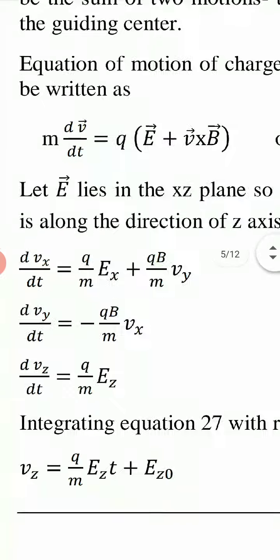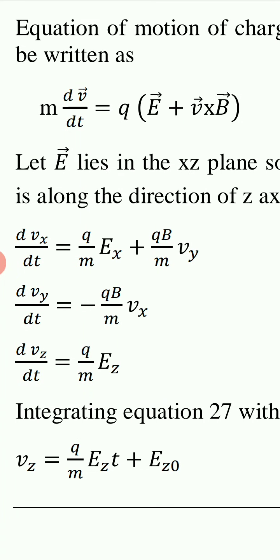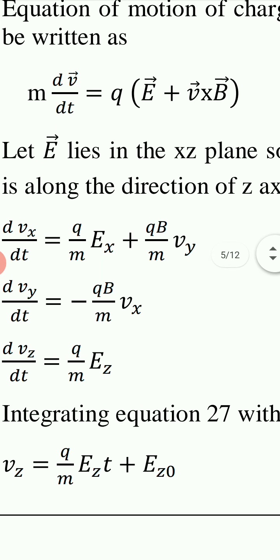If both electric and magnetic fields are present, the equation of motion of a charged particle can be written as m dv/dt, which is mass into acceleration, that is force, and this force is equal to q E plus q v cross B. Q is taken common. So on the right hand side we have two forces.